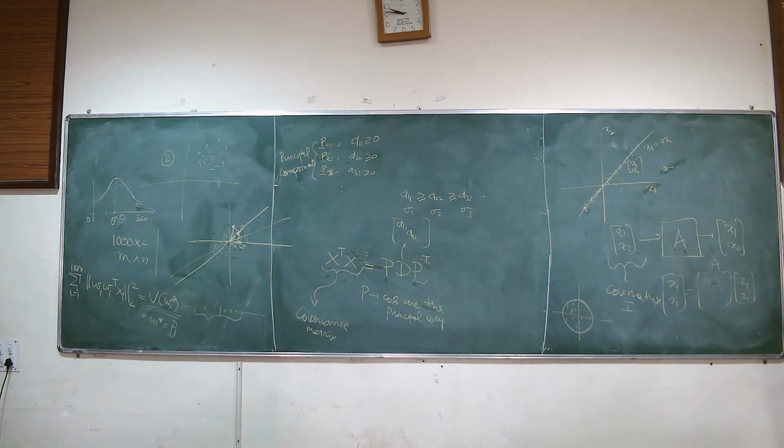No, it cannot be a scalar, right? Z1 and Z2 are two different numbers. This is 2 cross 1, and this is 2 cross 1, so A has to be 2 cross 2.